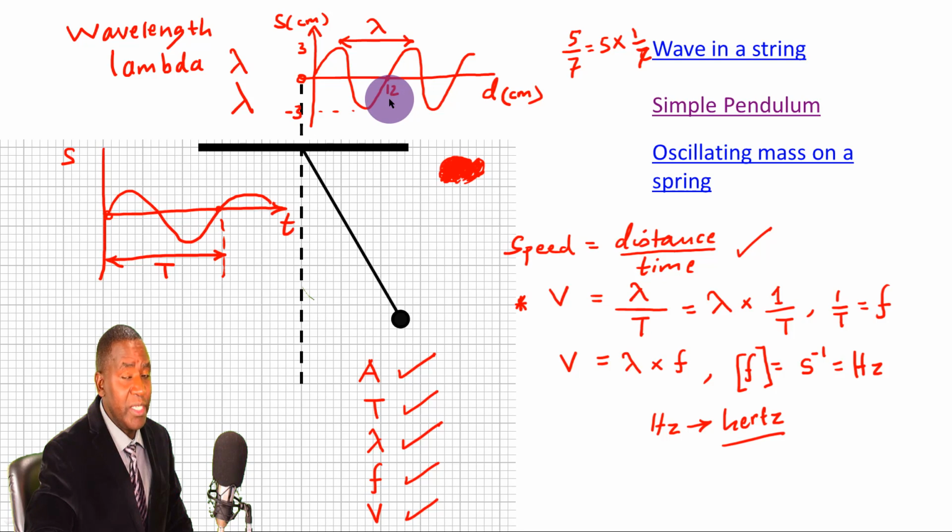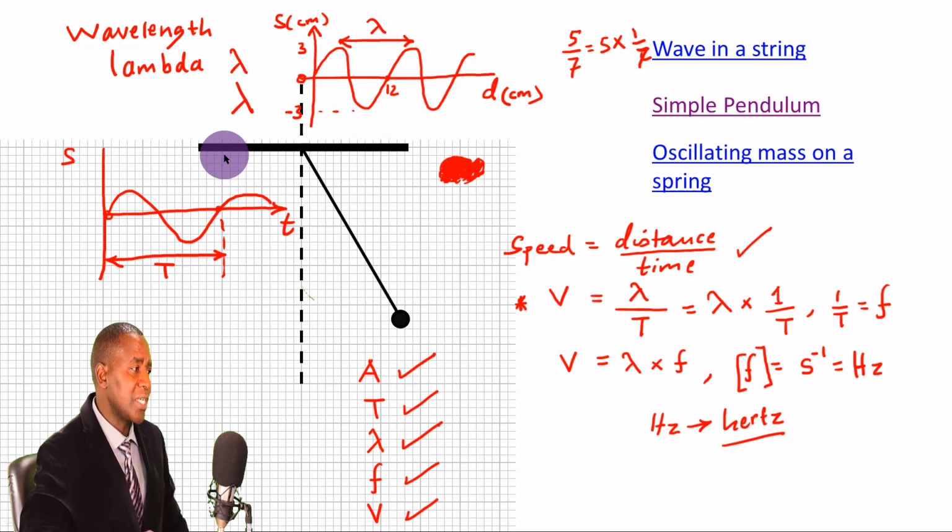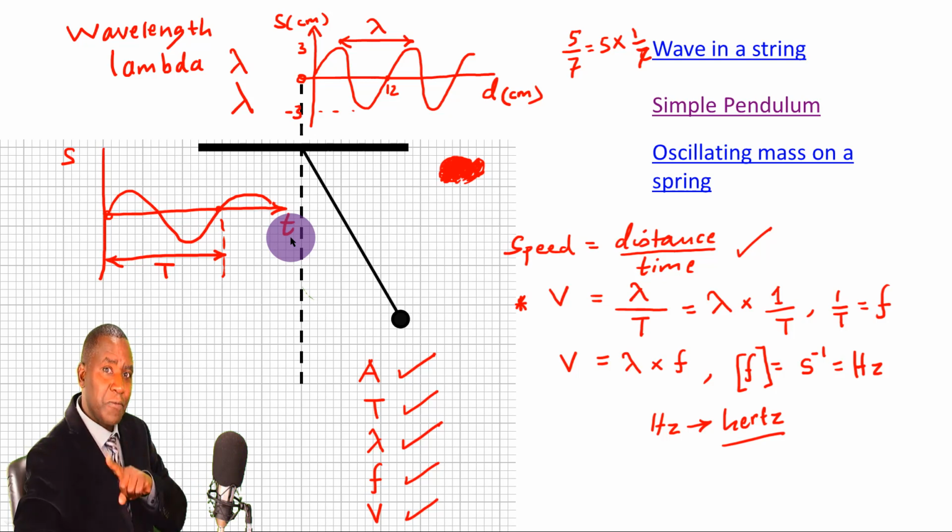There are several ways that I alerted you of how you can measure the wavelength. You can either look at from this point to this point, or from this point to this point, or from a trough to the next trough. The next important type of graph is a displacement time graph. The two physical quantities we can get from a displacement time graph is again amplitude. Amplitude can be obtained from both graphs.